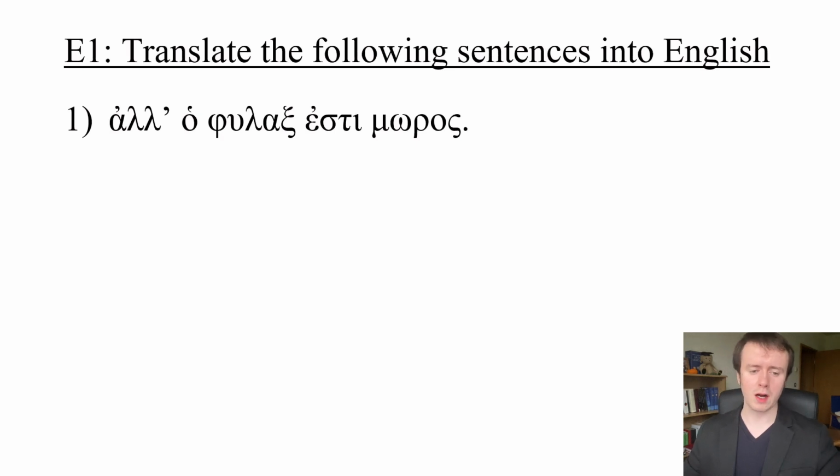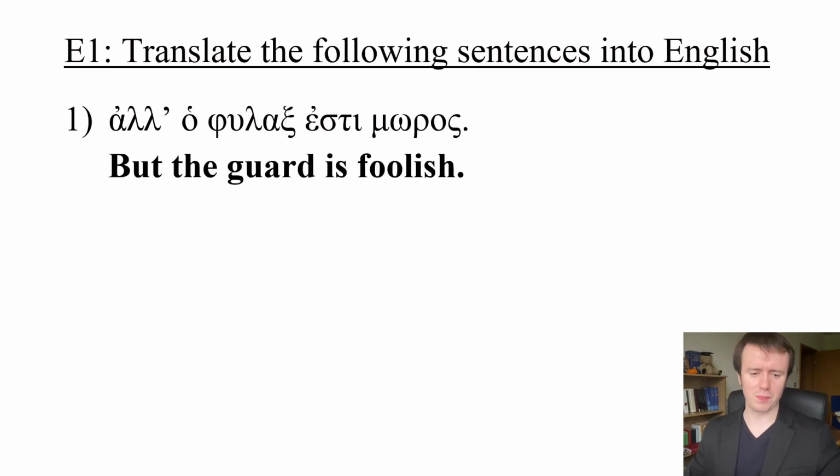Number 1 is all' ho pulux esti moros. You should have translated this one as, but the guard is foolish, or but the guard is stupid. We know that it means this because al' means but. The last alpha has been elided in response to the next word being a vowel. And then we have hopulux.